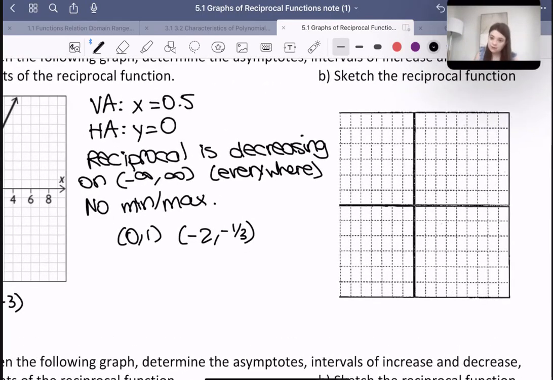So we have a vertical asymptote here. And then we have a horizontal asymptote at y equals 0, like that. And what else do we have? Well, we have the points 0, 1. So we have a point here on our function.